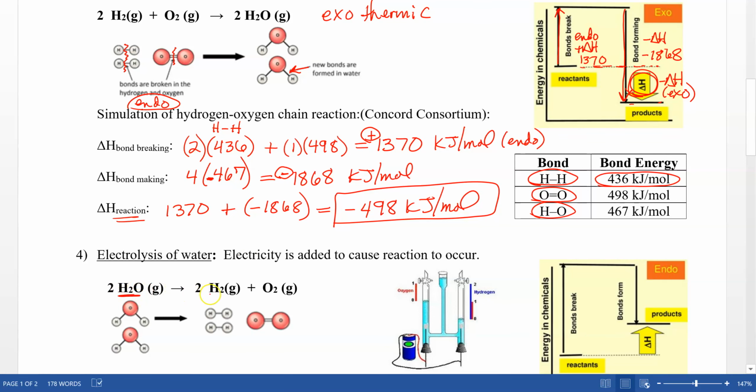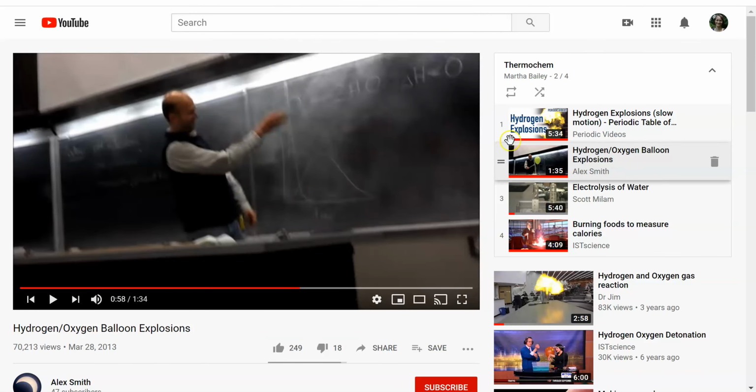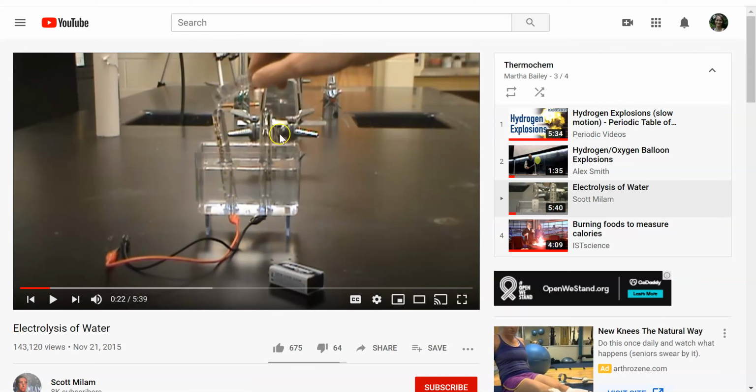Let me just show you, this is a picture of the little Hoffman apparatus. You've seen it in class as well, but let me show you this one just so you can see. You set up a little Hoffman apparatus. You've got some water in all the way to the top here in the test tubes, and then he's just connecting his electrodes to the battery.